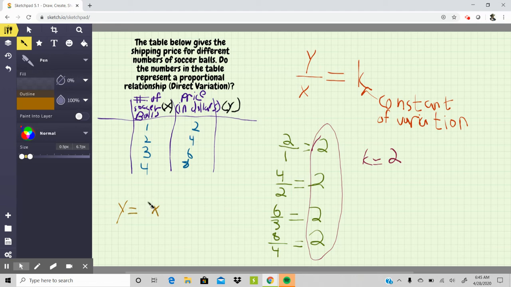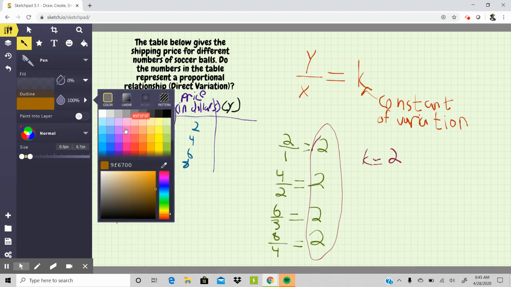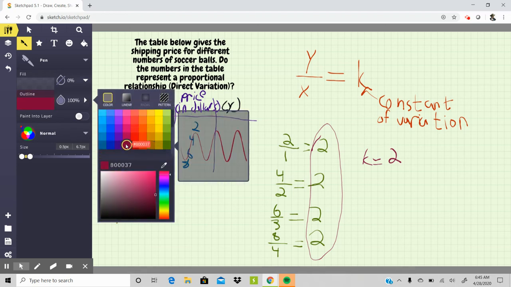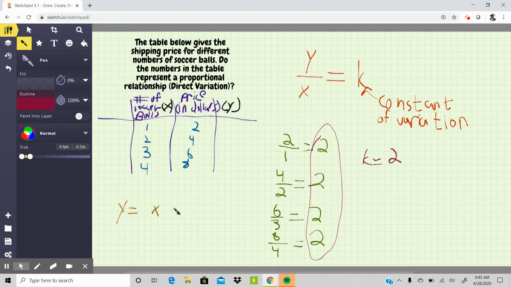So I need to do something to this x, whether it's add something, subtract something, multiply or divide, or maybe both. So let's try it. If I plug in 1 for x right here, all I have is 1 on this side, and I need to get to 2. So let's try adding 1.